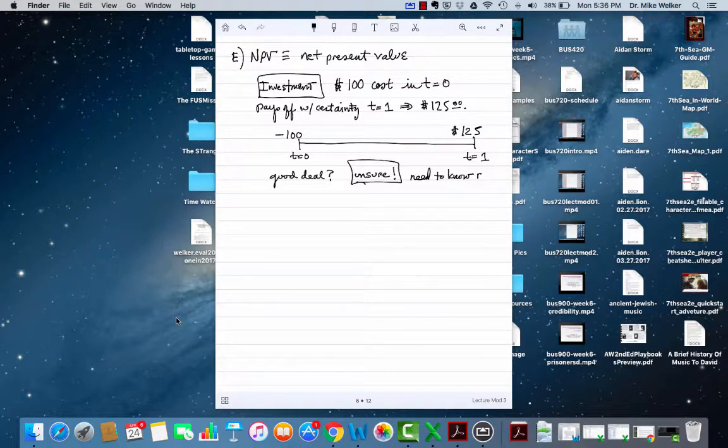Now, where do we get our interest rate? We observe the market. It gives us a signal of what we could get in the real world. We take our $100 and invest it in the market.